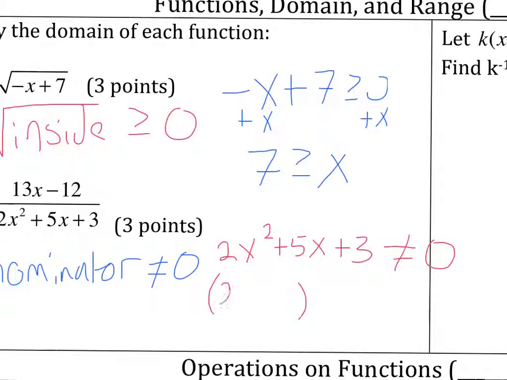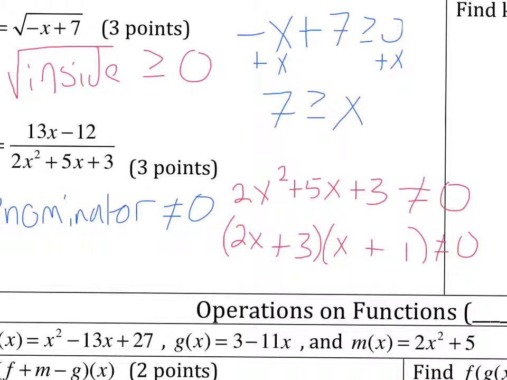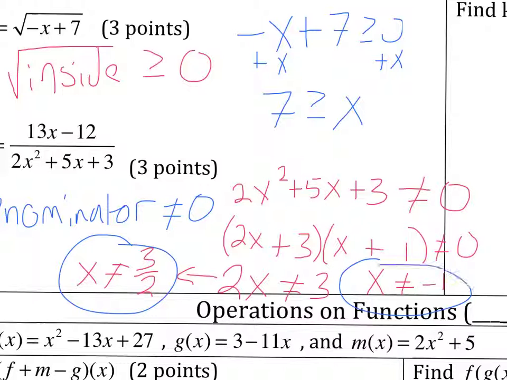I'm going to end up with a 2x and an x, and a plus 3 and a plus 1. That cannot equal 0. We end up with 2x cannot equal negative 3, so x cannot equal negative 3 over 2, and x cannot equal negative 1. These two statements are shorthand for our domain and will give us enough information.